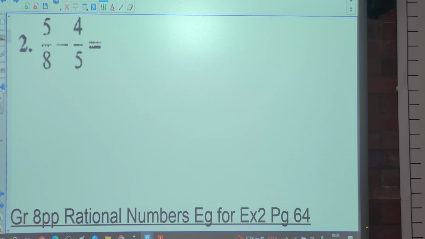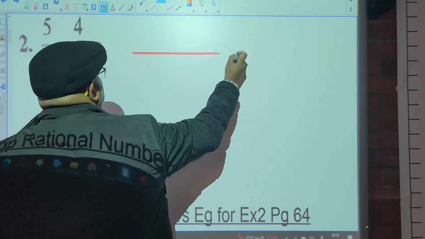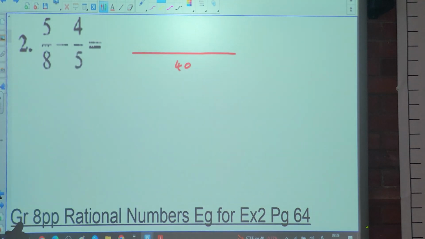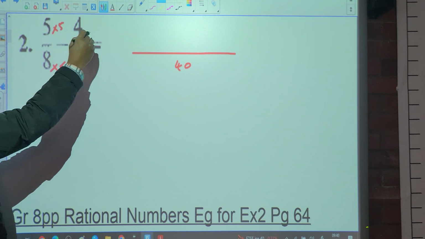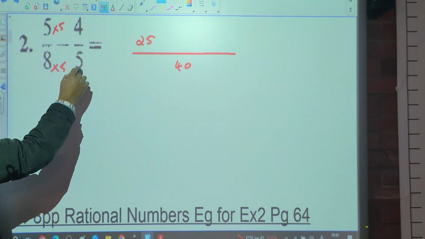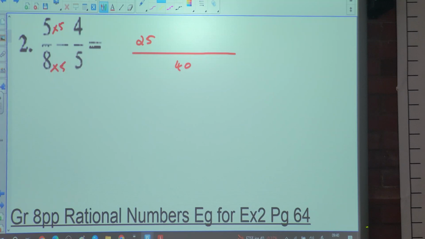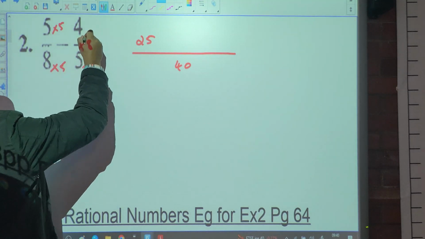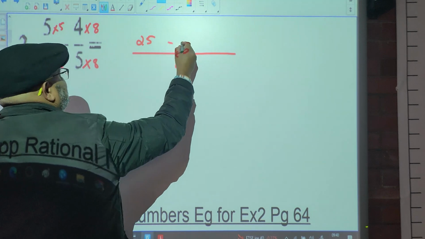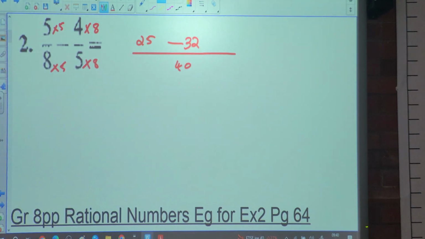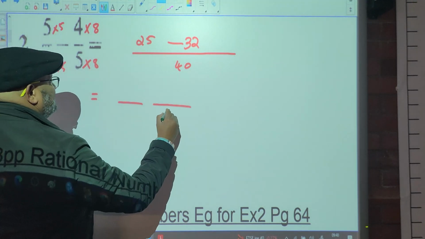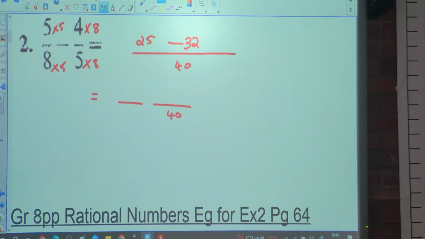So how do I get from 8 to 40? Times 5. 5 times 5 is 25. 5 times what is 40? 8. 4 times 8 is 32. Which one is bigger, 25 or 32? 32. So the final answer is going to be negative.